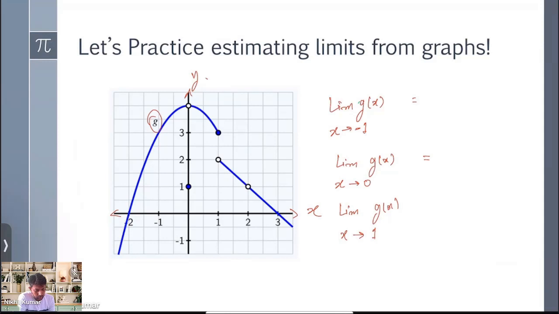Anything else? Let's also find the limit of g of x at x equal to 2. So 4 questions. Pause this video, think for a while and try to write down all the 4 values. Take 5 minutes, write down all the values, and then unpause the video to check out the answers.